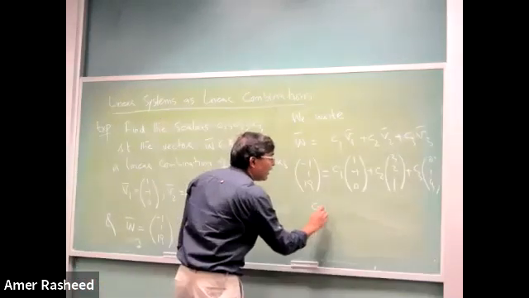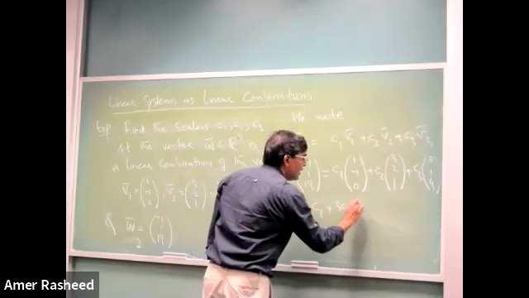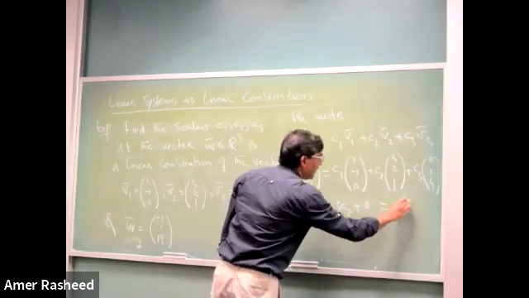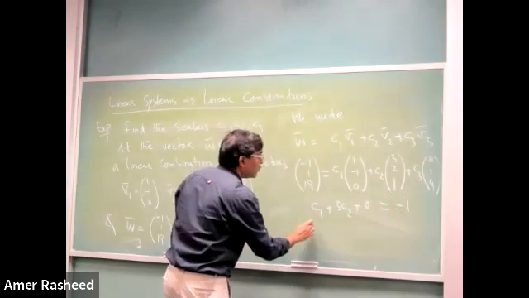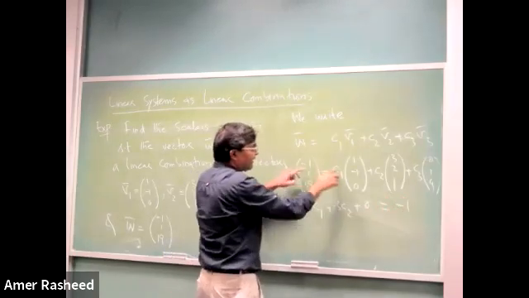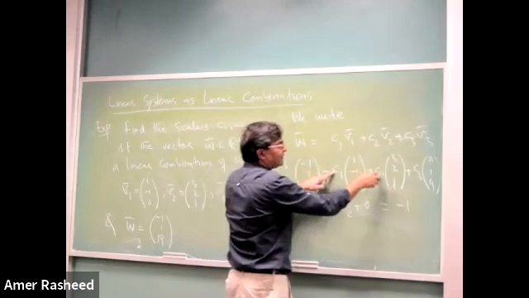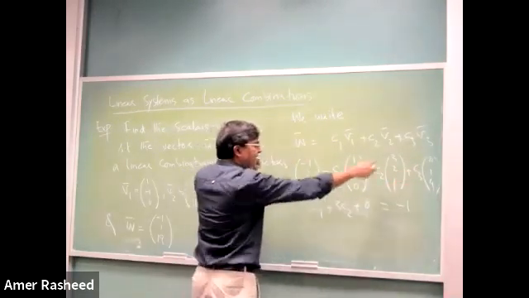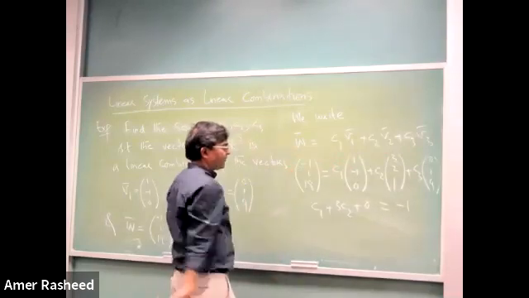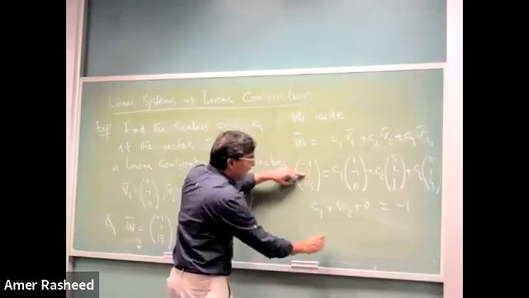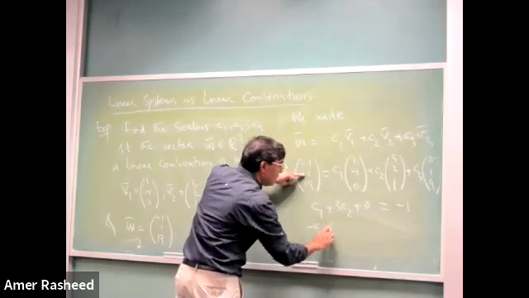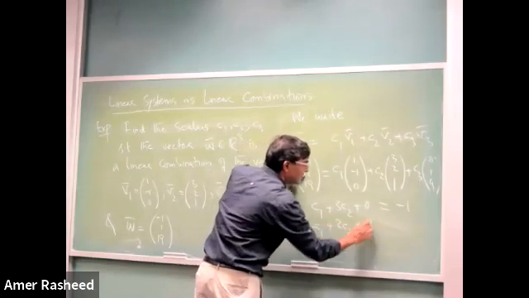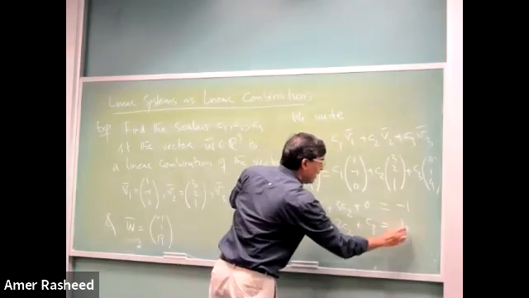It is C1 plus 3 C2 plus 0 is equal to -1. And the first component, with C1, C2 and C3 multiplied, gives you this first equation, which we equate to -1. What will the second equation be? -C1 plus 2C2 plus C3 is equal to 1.